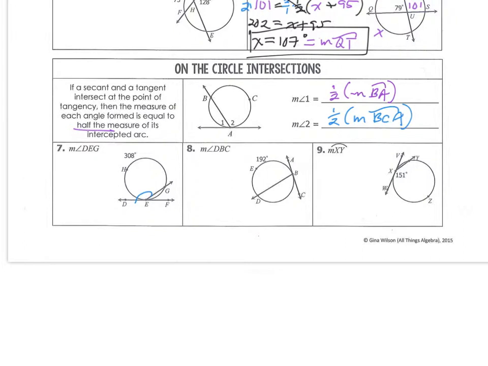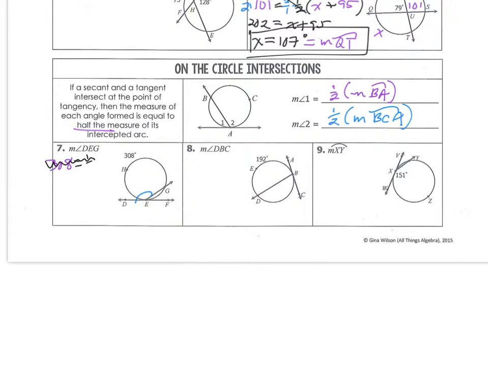I mean, you could look at it this way. The measure of the angle itself is 308. I think this is harder. Is equal to half. Oh, I just did that backwards. Oops, hang on. I'm going to get it yet. Oh, no. Okay. Whew. All right, so I really don't want to do that. Why is this wrong?